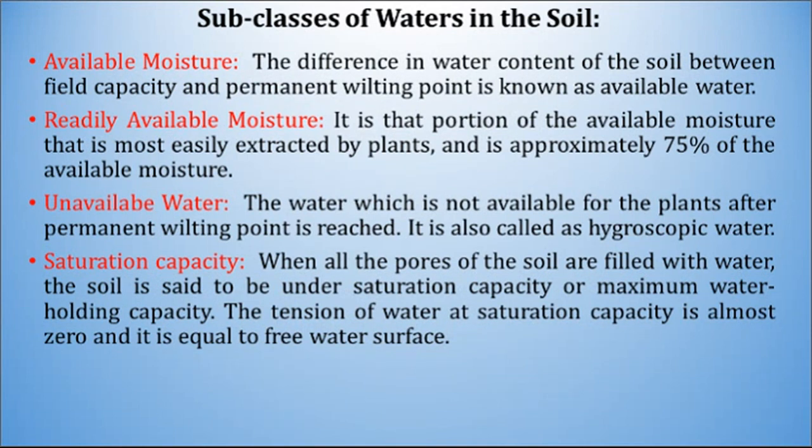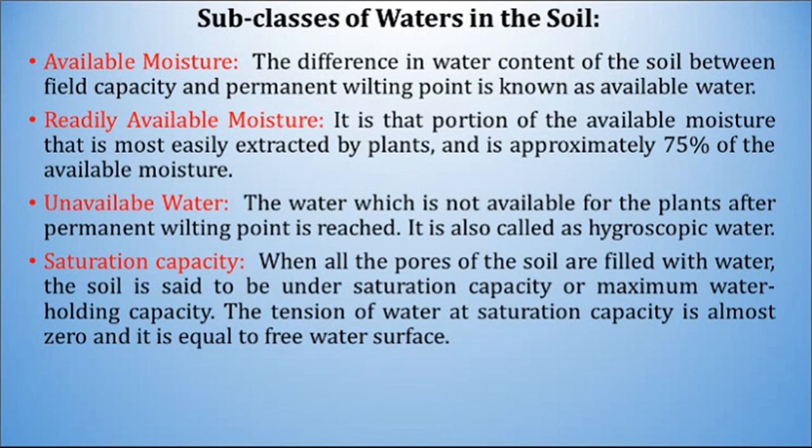Now the subclasses of waters in the soil. One is available moisture. The difference in the water content of the soil between field capacity and permanent wilting point is known as available water. We will understand these terms, field capacity and wilting point, in a later part of this presentation.